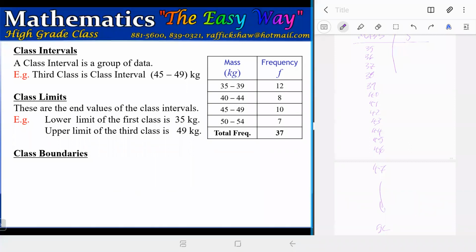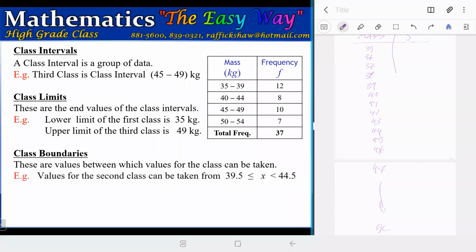Those become the boundaries. And when you draw your histogram, these values correspond to the boundaries of the bars of the histogram that you draw as well. These are values between which values for a class can be taken.